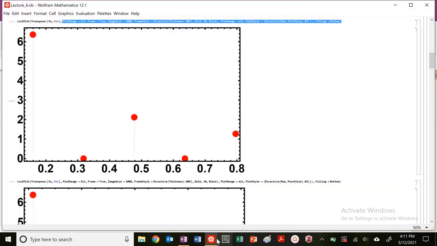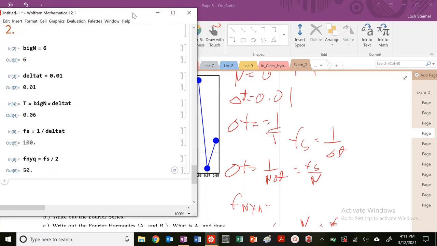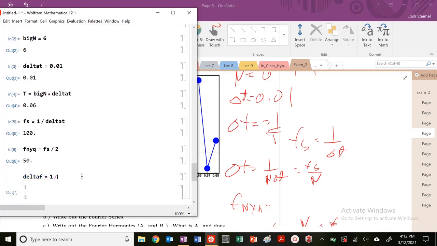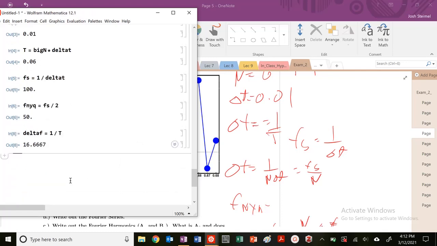What else can we calculate here? My delta f equals 1 divided by T, and we can confirm this with our other expression, where delta f is equal to f sub s divided by big N. We see that value as well, so things are working out pretty well so far.